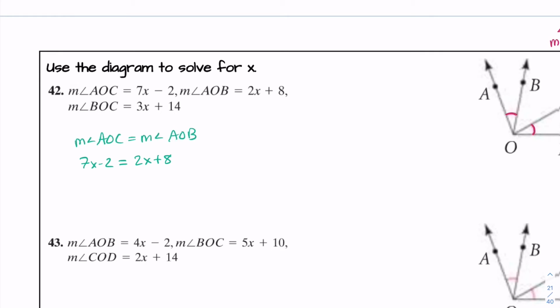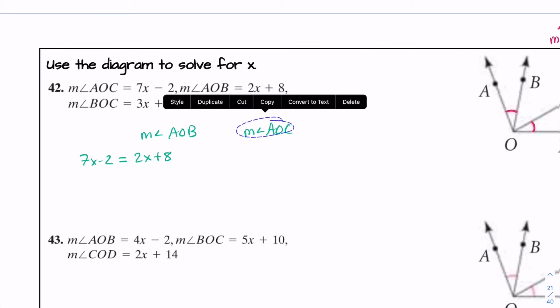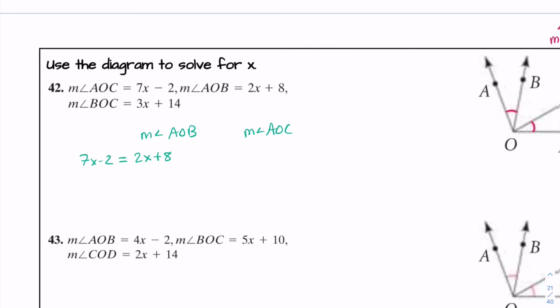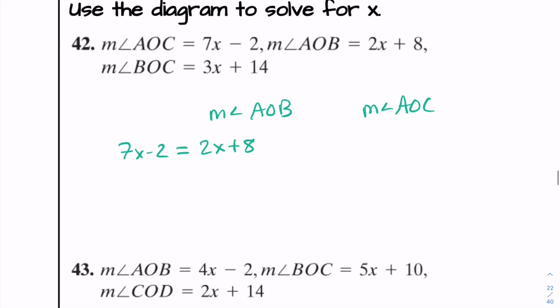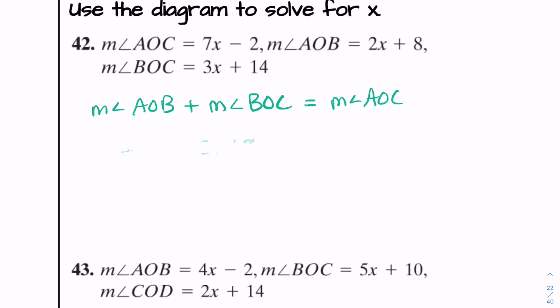You know what? I can keep some of it. The measure of angle AOC is actually composed of angle AOB and BOC. Here, I'll go back to it. I know I'm probably confusing right now. Okay, let me clean this up.